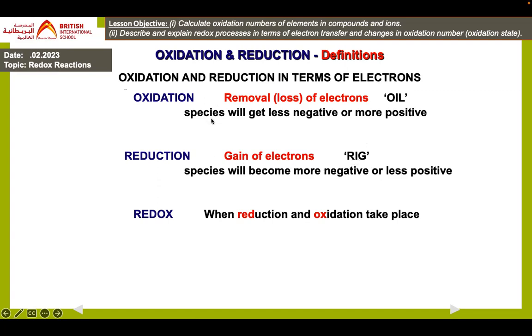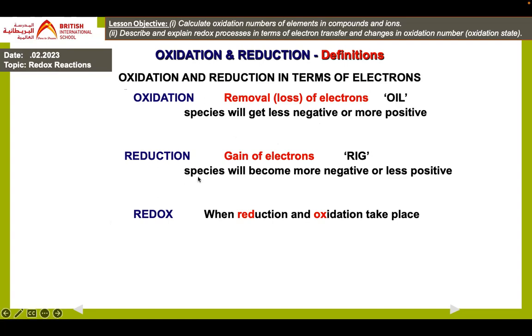Oxidation means a species will get less negative or more positive, meaning any species which is losing electrons will become less negative or more positive.